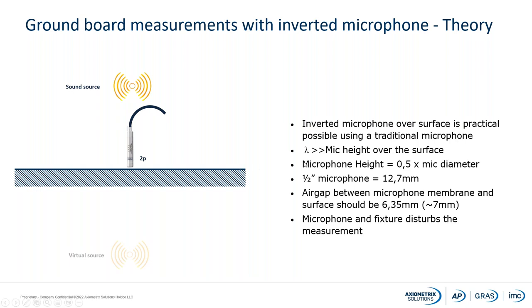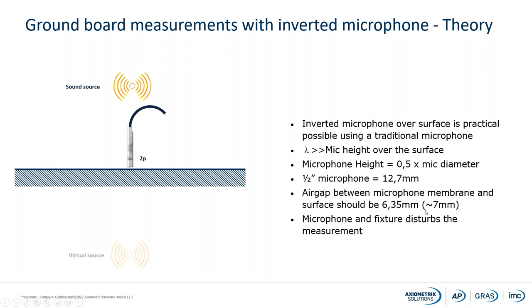So the standard came up that the air gap has to be the half of the microphone diameter. And if you take a half-inch microphone, it's half-inch or 12.7 millimeter, and the air gap between the microphone membrane and the surface should then be 6.35 millimeter or roughly 7 millimeter.